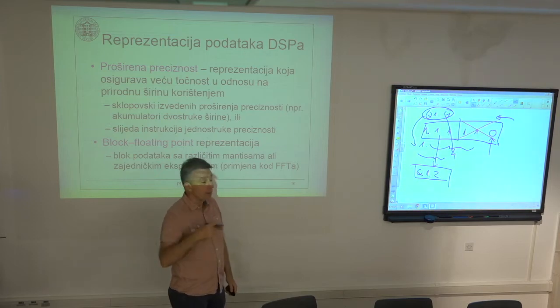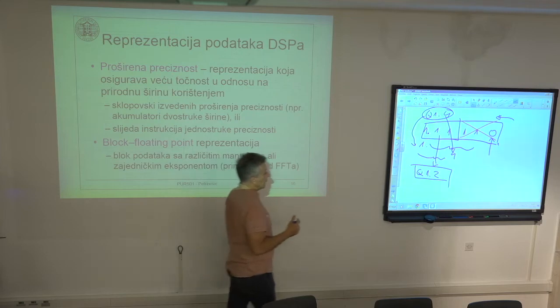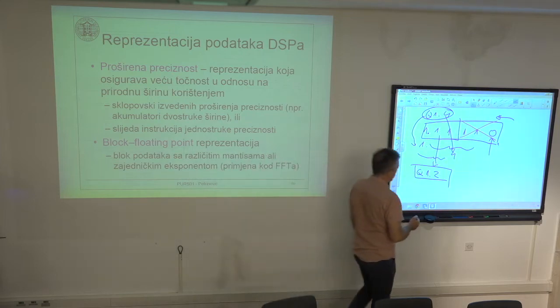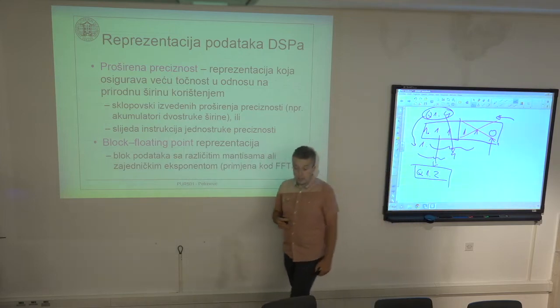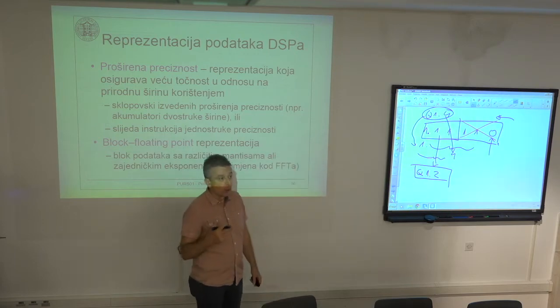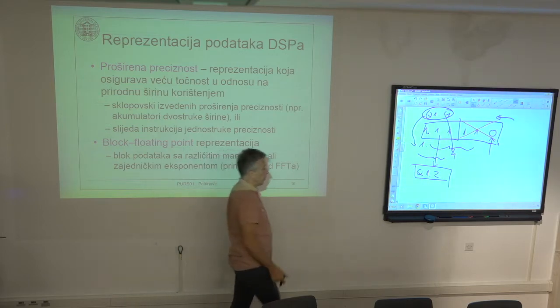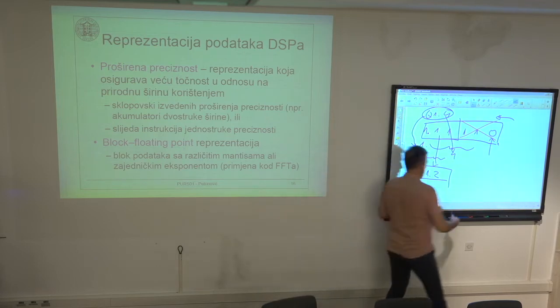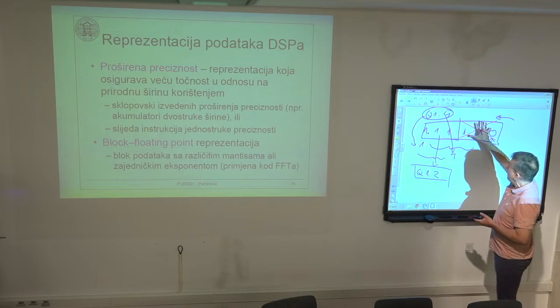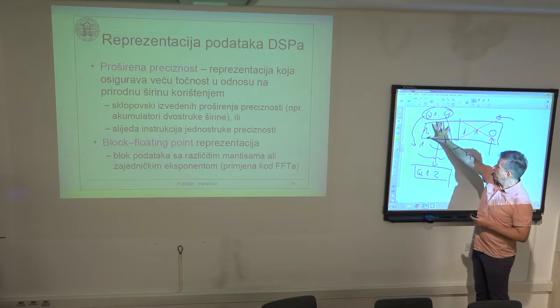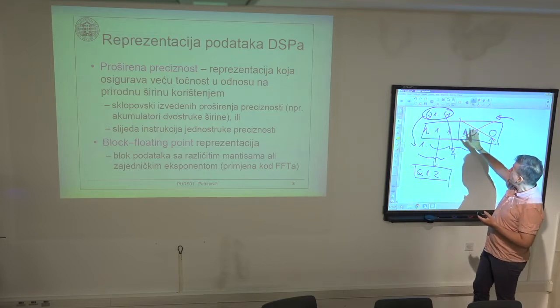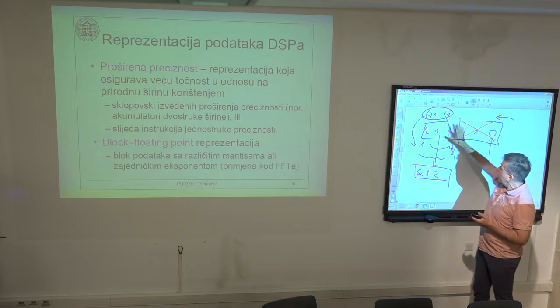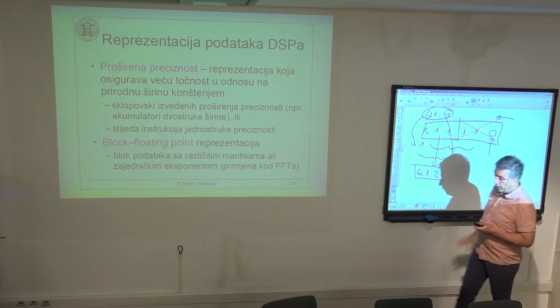So I have always this negative error if I do this truncation. In MATLAB, this operation can be simulated with a function that is called floor. Floor, because you take the lower value, always lower integer value. I say integer because in this context, this is the fractional part and this is the integer part. Okay, so this truncation ignores this fractional part, takes only the integer part, and the error is always negative.